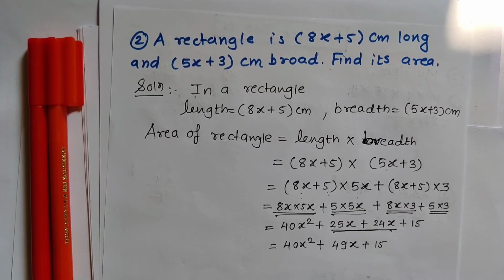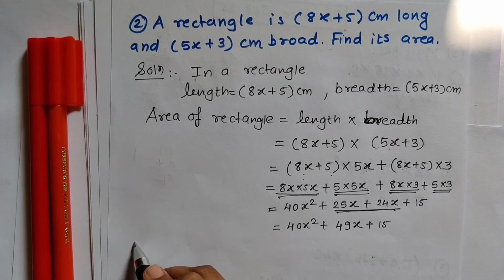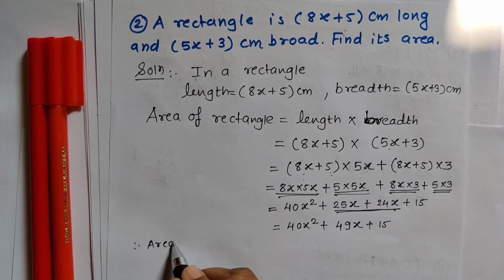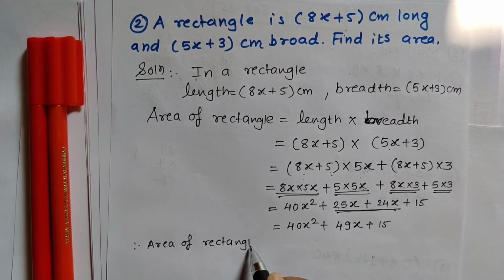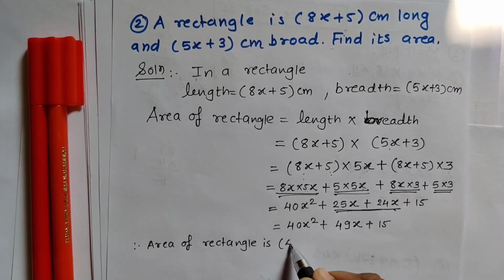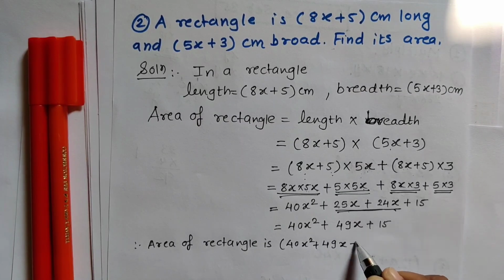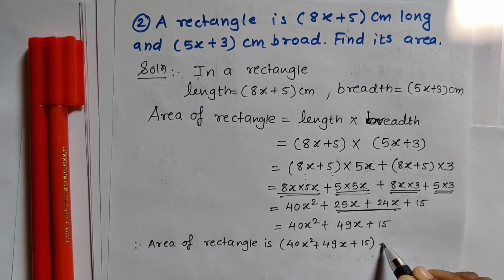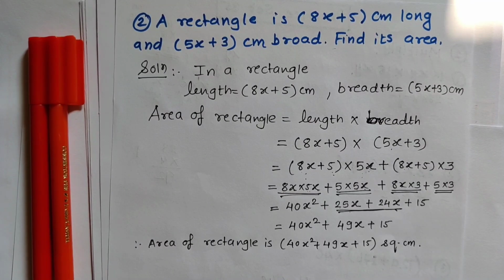So what is the area? Write the answer statement. Therefore area of rectangle is 40x square plus 49x plus 15. What is the unit for area? Square centimeter. In this way you can complete all the sums.